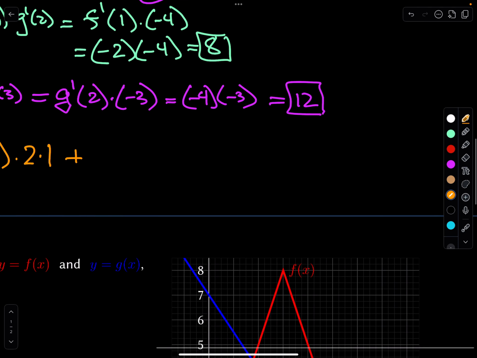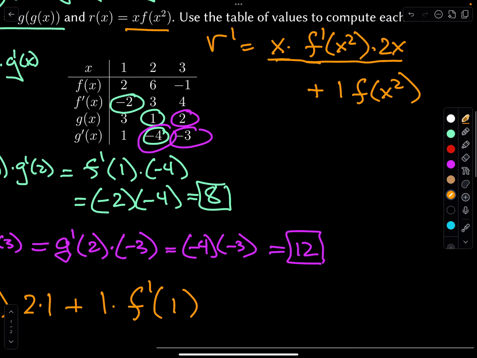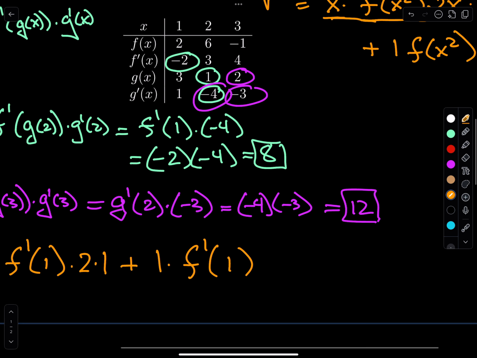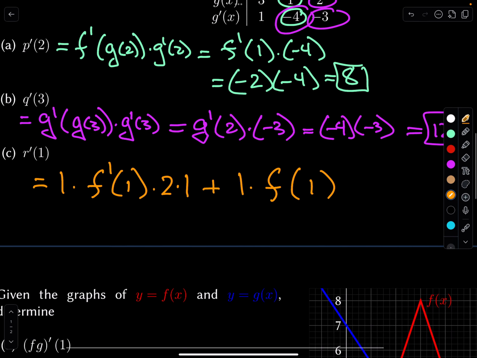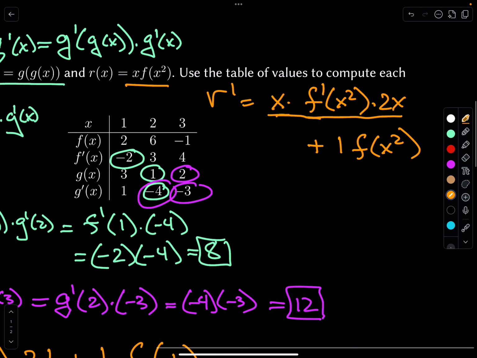And then plus 1 times f of 1 squared. It's a good thing I wrote it down. Now I just have to look up the values of f prime of 1 and f of 1 in the tables. So here's f of 1 and f prime of 1.